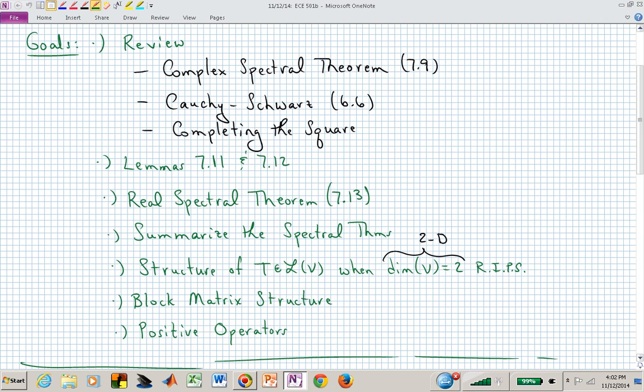So can we associate with an operator some kind of size, scaling, or distance, and direction? And that will lead us to singular value decomposition. That's sort of where we're headed, and that's something a little bit different from eigenvalues and eigenvectors.